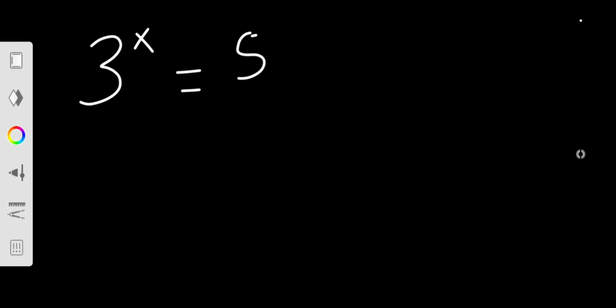This was information that he gave us. And he said that 2 to the power of epsilon is equal to 5 too. So what I will do to the 3 to the power of x, I will do again to the 2 to the power of epsilon. So if you want to try to do it now, and if you can't, I will do the 3 to the power of x, and then you do the 2 to the power of epsilon, okay?